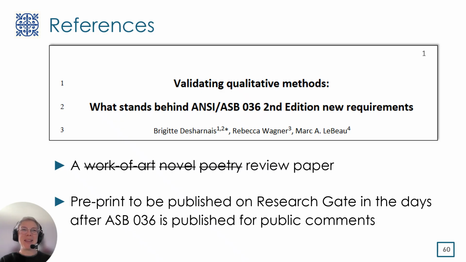It's a review paper that is to be submitted to JAT as soon as ASB 036 is published for public comments. I will put a copy of it on ResearchGate and also submit it for publication in JAT. But unfortunately, at this point, since the document isn't public, there's no point in getting this paper out in the public.